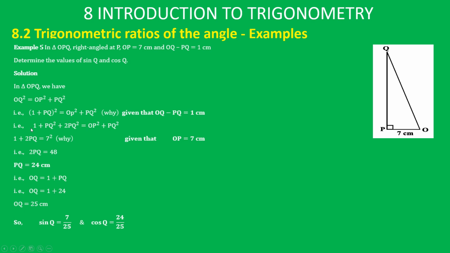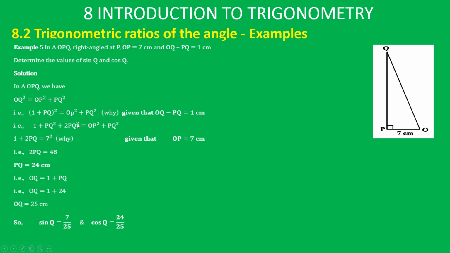From this, we can deduce 1 plus PQ whole square, A plus B whole square formula: A square plus B square plus 2AB. I am sorry here, please correct this also.